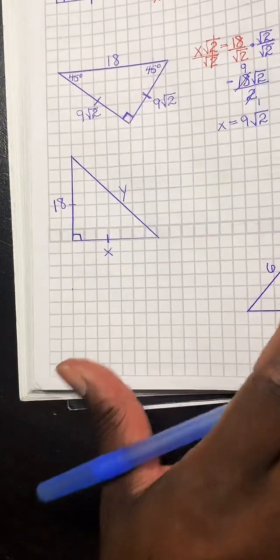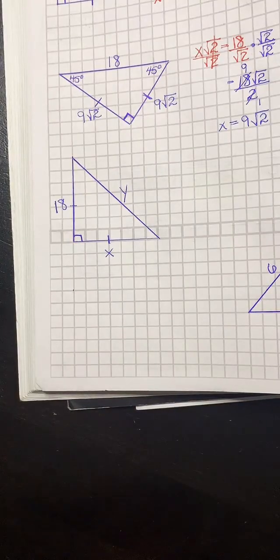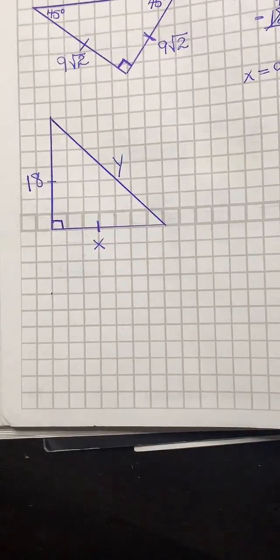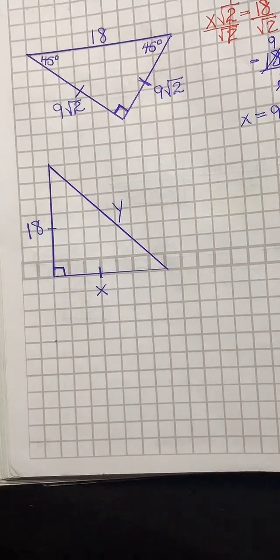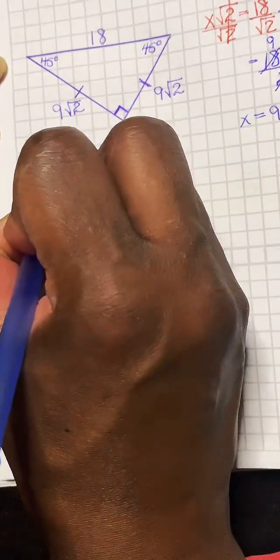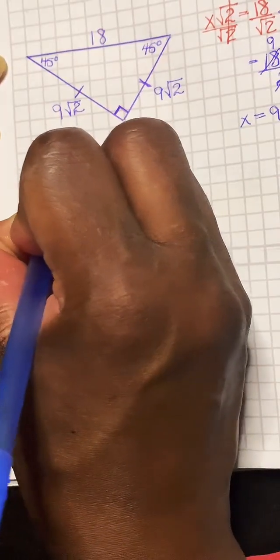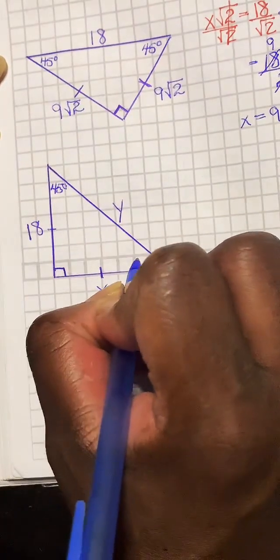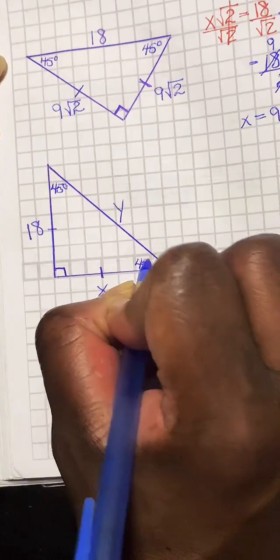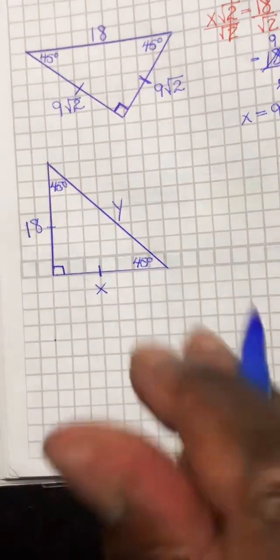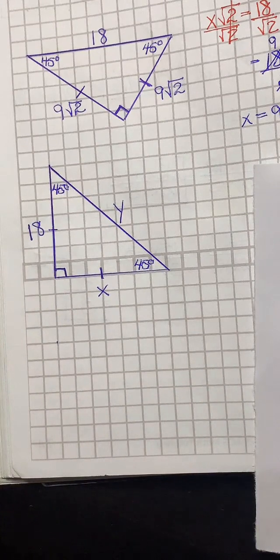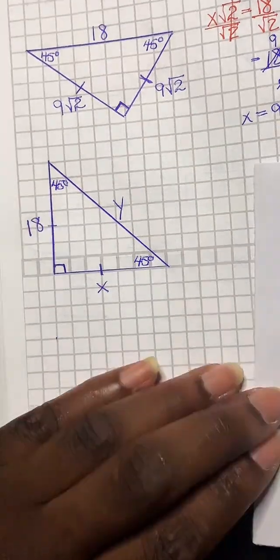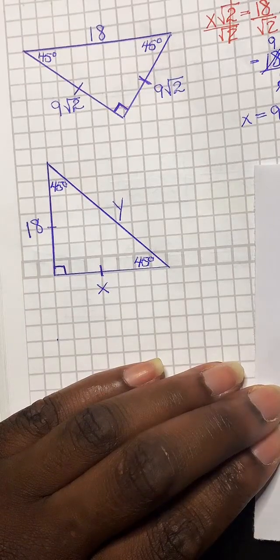All right. Now, let's try this one. Okay. Let's try this one. And this is still, let me put this in here. 45, 45. Okay. What are we doing?